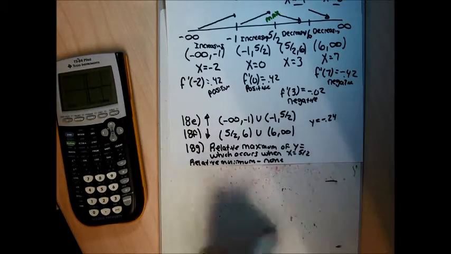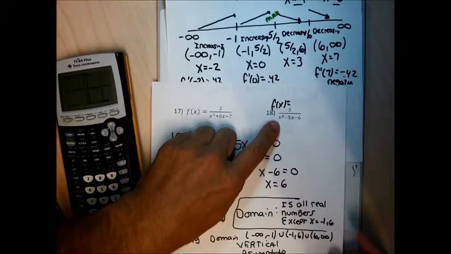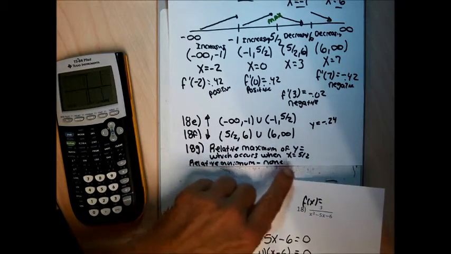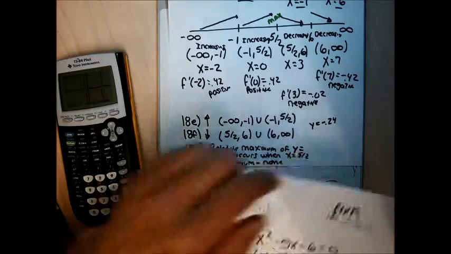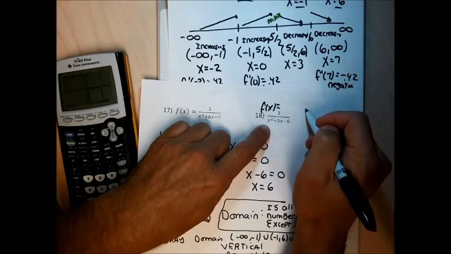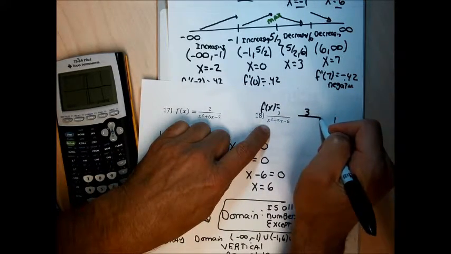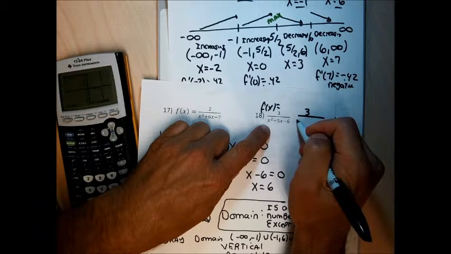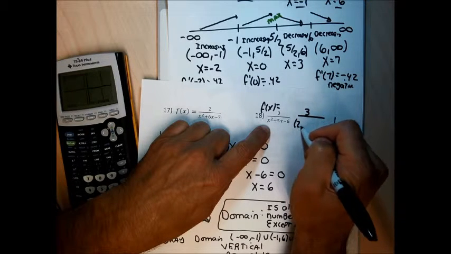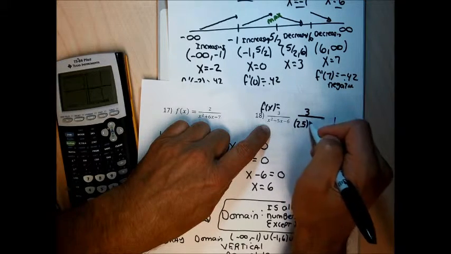My initial function is f of x equals 3 over x squared minus 5x minus 6. To find the y value that goes in my answer for the maximum, I have to change the x's to 5/2. And on my calculator, it's going to be a heck of a lot easier if I know that 5/2 is equal to 2.5.